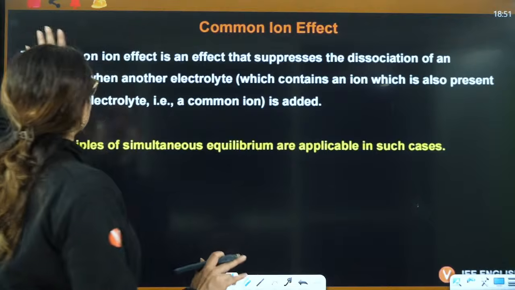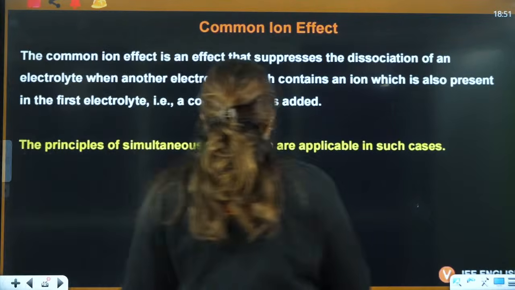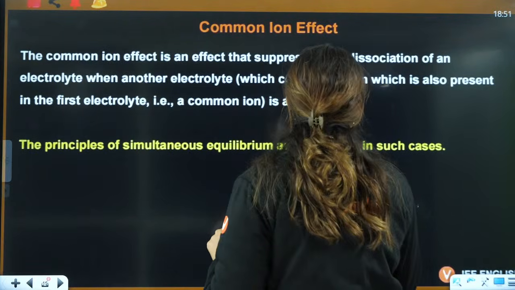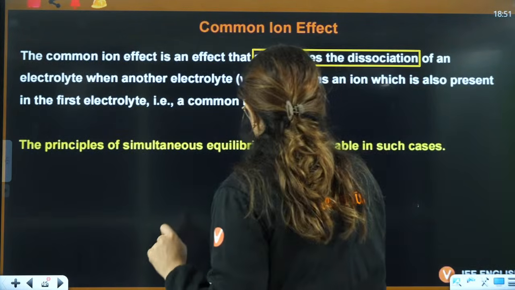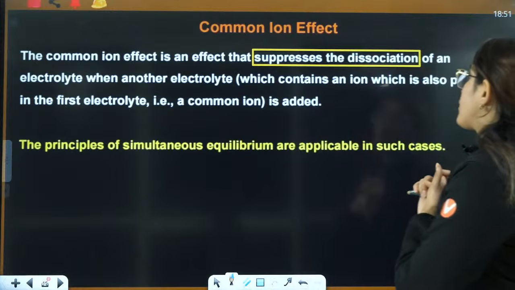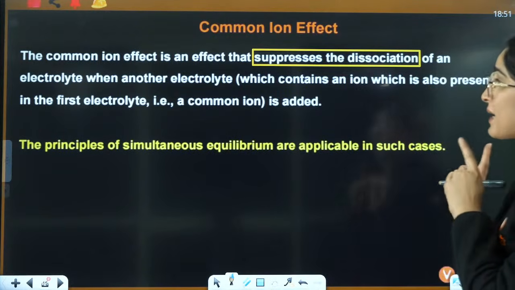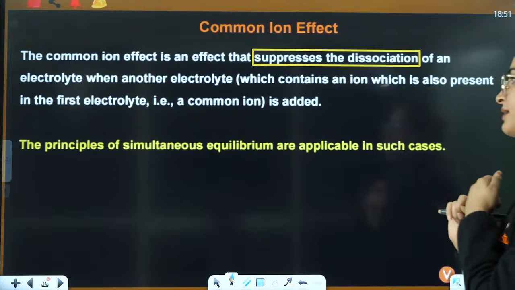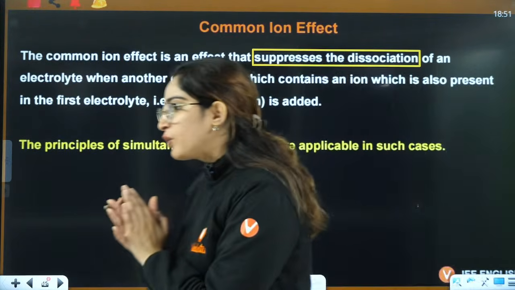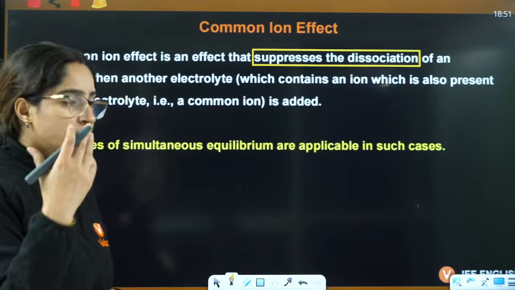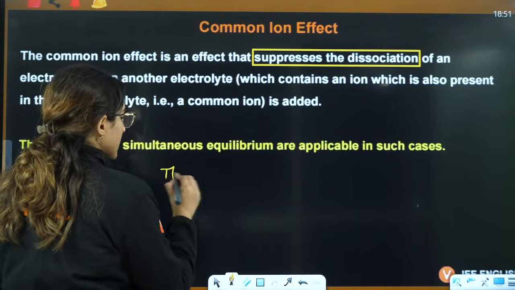So we are saying that the common ion effect is the effect that suppresses the dissociation of an electrolyte when another electrolyte which contains an ion which is also present in the first electrolyte is added, right?